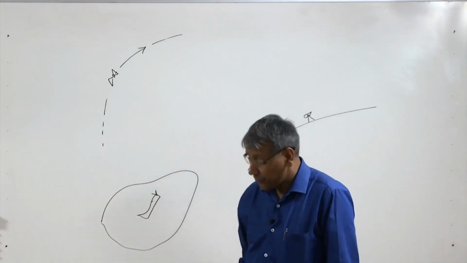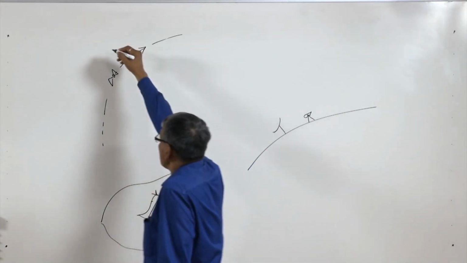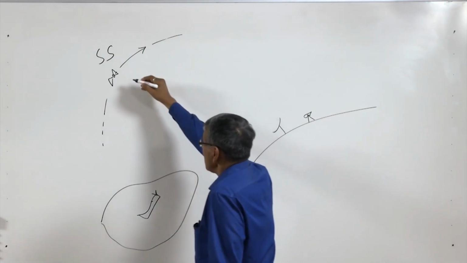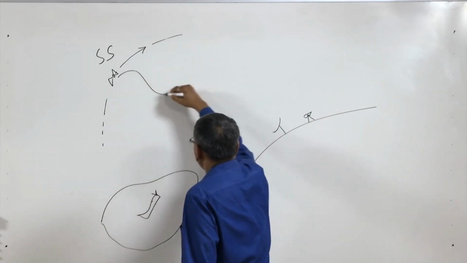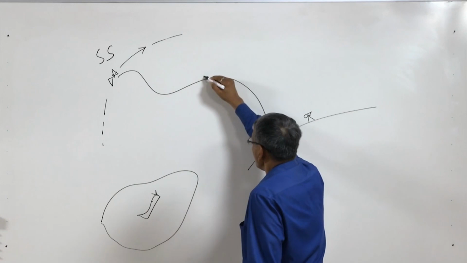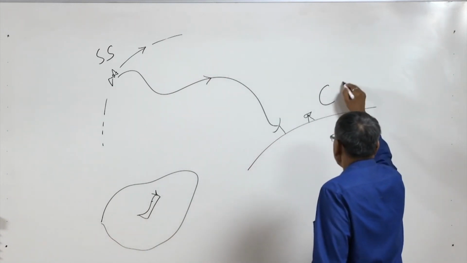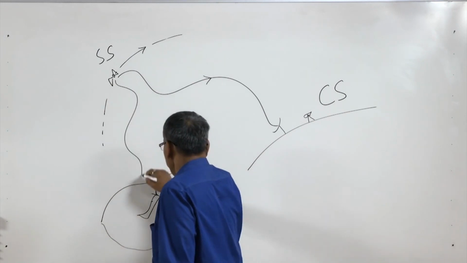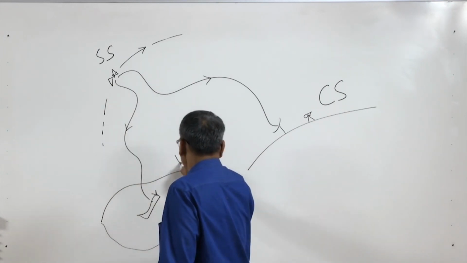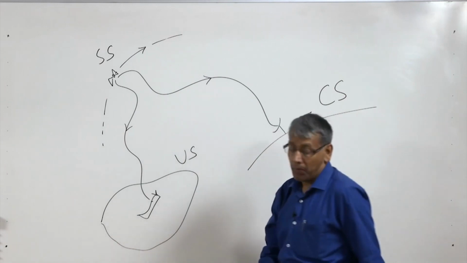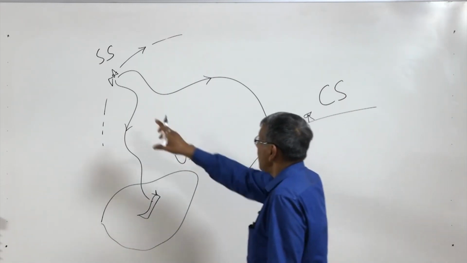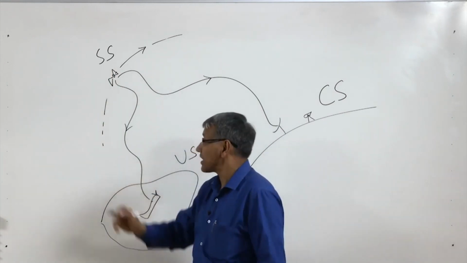Now, this space segment is linked to the control segment and also to the user segment by the GPS signal which is broadcast by satellite vehicles.